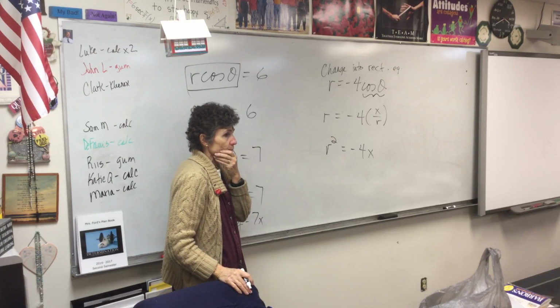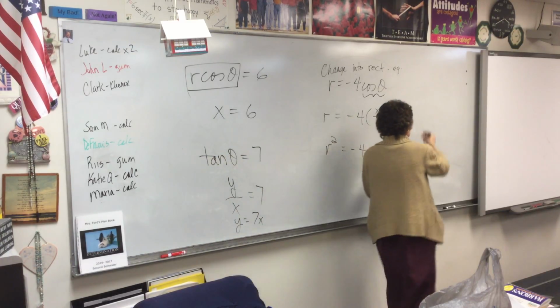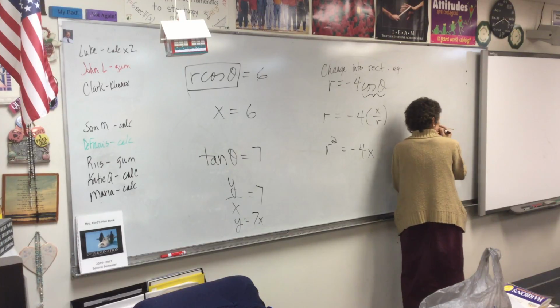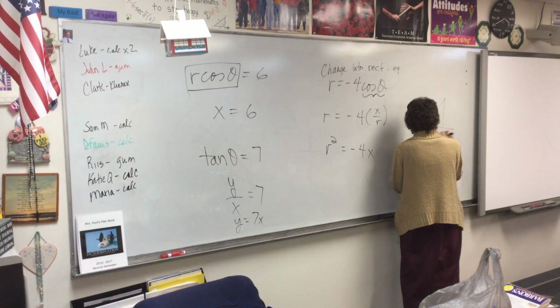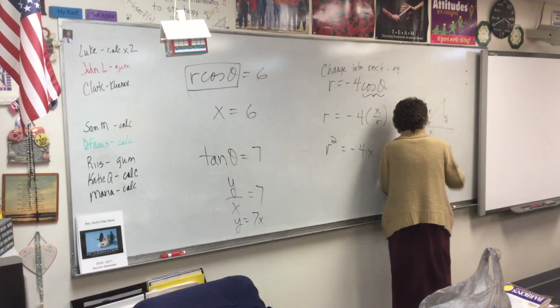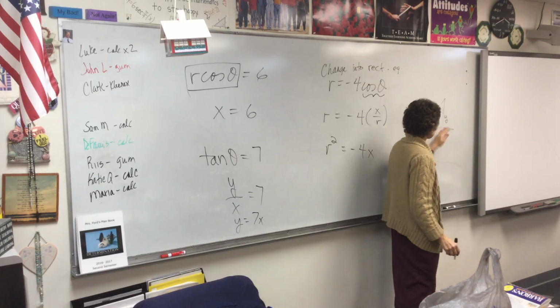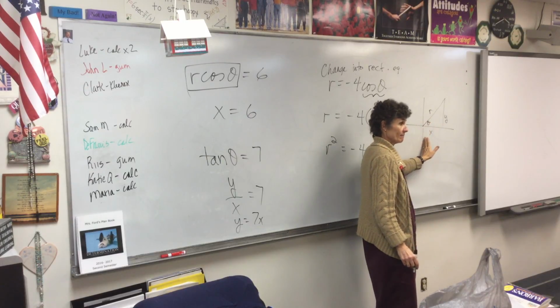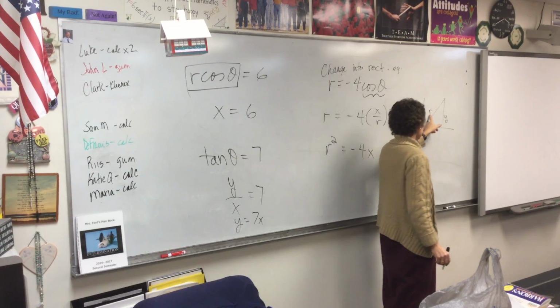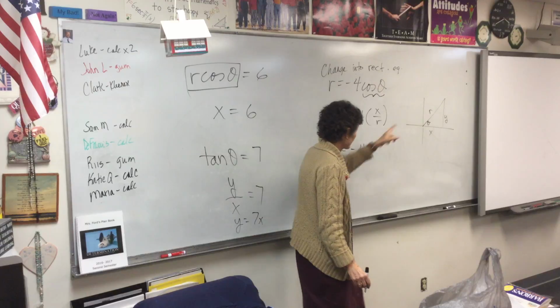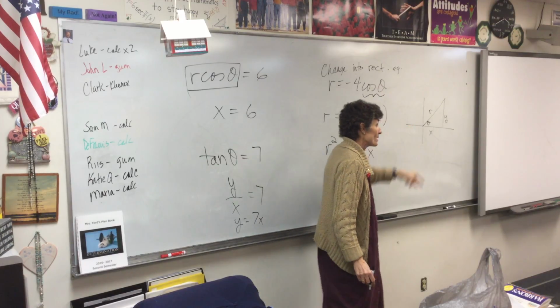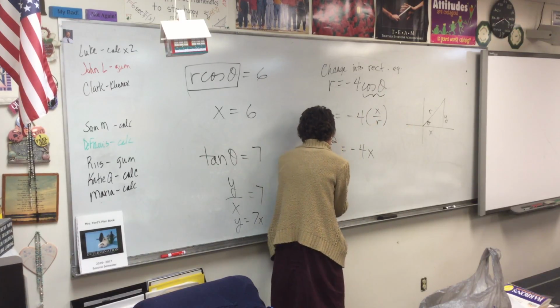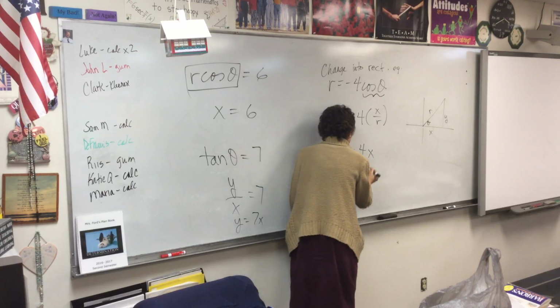Is that okay? Now, Jack, you're supposed to be looking at your green conversion box because something's supposed to be sticking out at you here. But I'm going to draw the picture. Here's the picture. This is x, this is y, this is r, and this is theta, right? Now tell me about r squared. Look at that picture. r squared is x squared plus y squared.